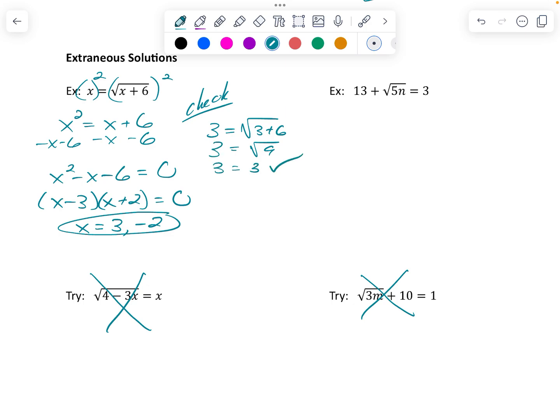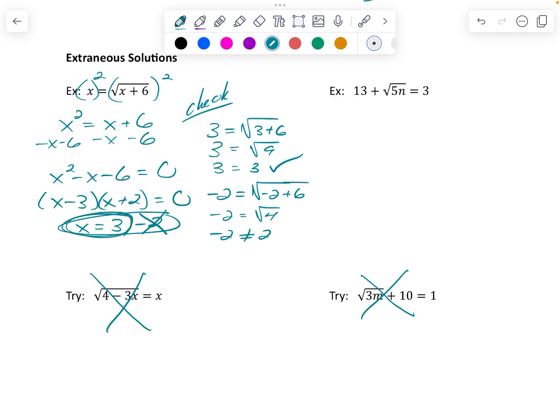So that checks out. But now when we plug in, negative 2 is equal to the square root of negative 2 plus 6, and negative 2 is equal to the square root of 4. Negative 2 is not equal to 2. So negative 2 is not an answer, only 3.